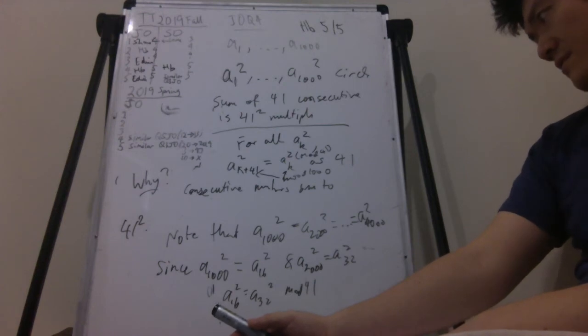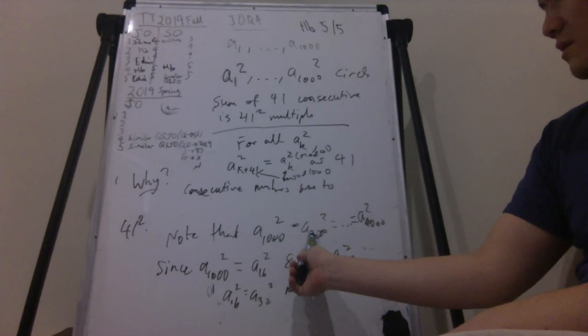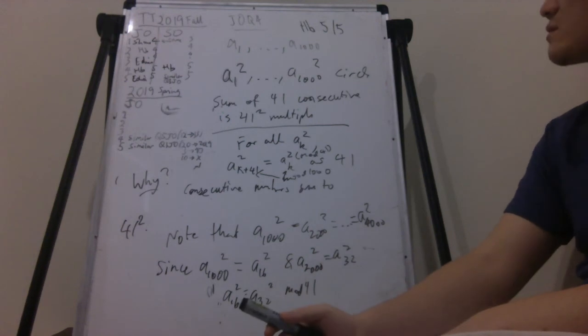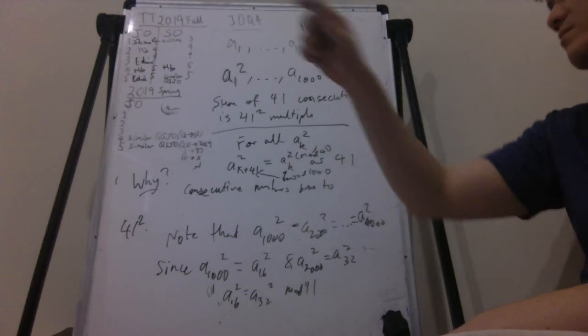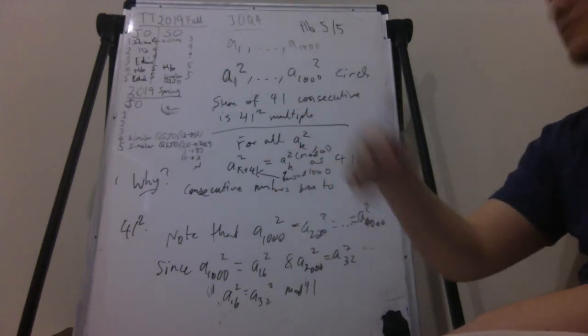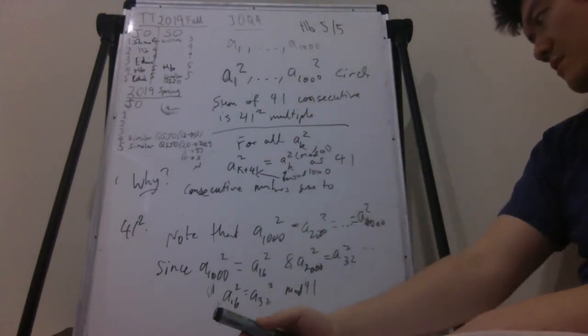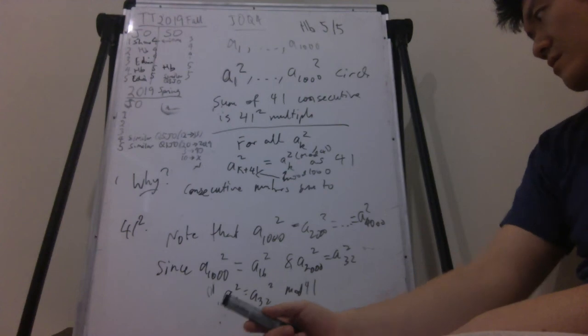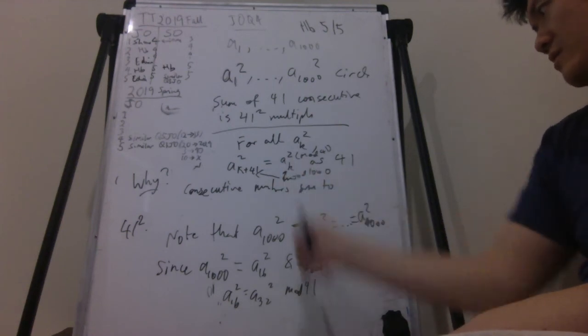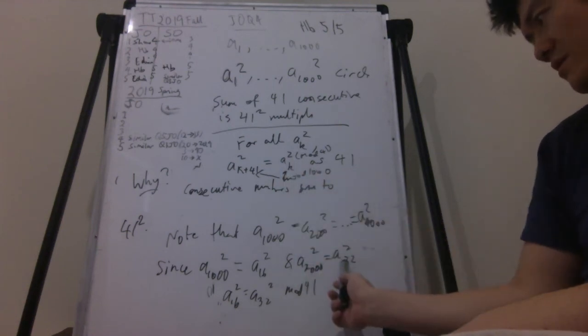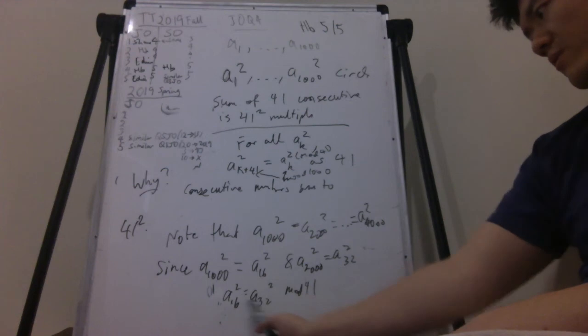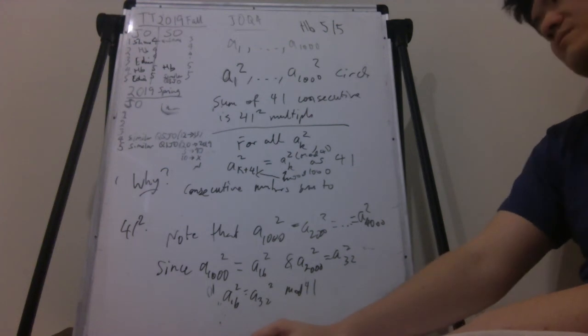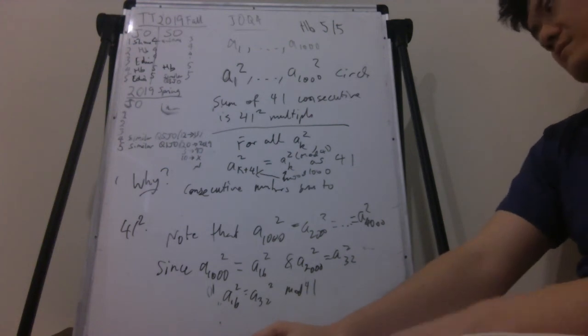Okay. Note that A1000 equals that. Why is that? I guess we're just labeling it that way, right? Keep going around the circle. Okay. Oh, but if you apply that to this, you get a different answer, right? They're not off by 41, are they?